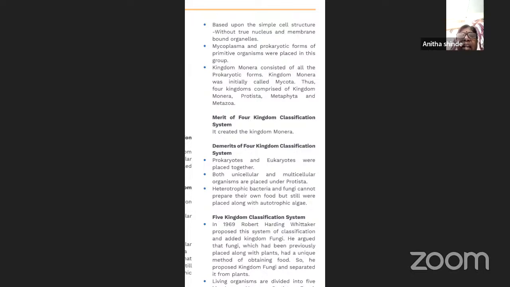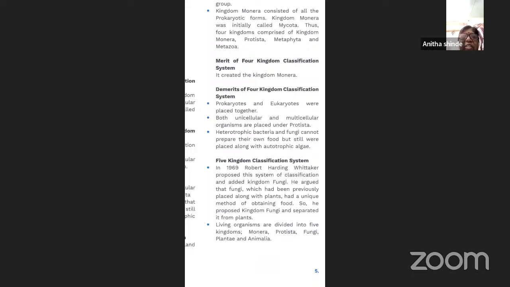These were some of the drawbacks, so even this system was not accepted. Again they modified it and gave another kingdom, which they call the five kingdom classification system. Now we will see what it is.